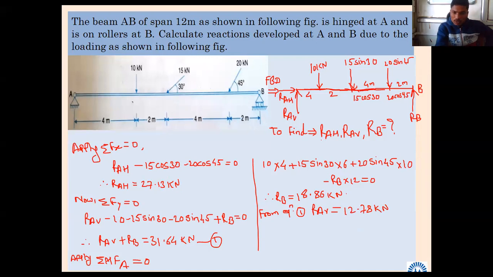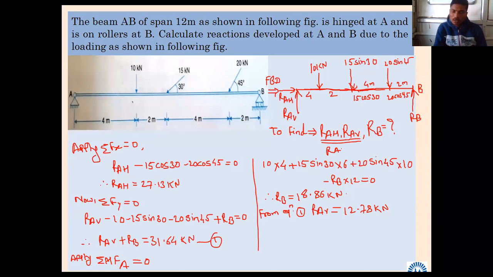Actually, just one minute, give attention. We have calculated the x component, or horizontal component, and the vertical component of reaction RA: RAH and RAV. So we can find RA as well.